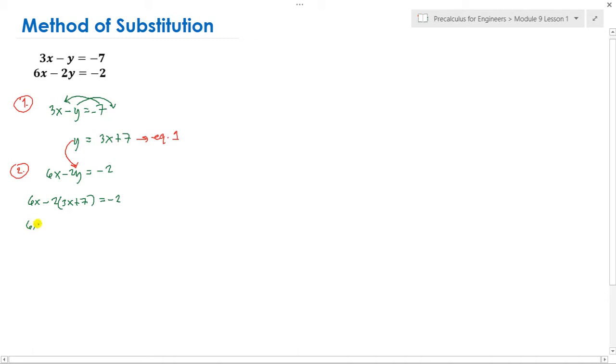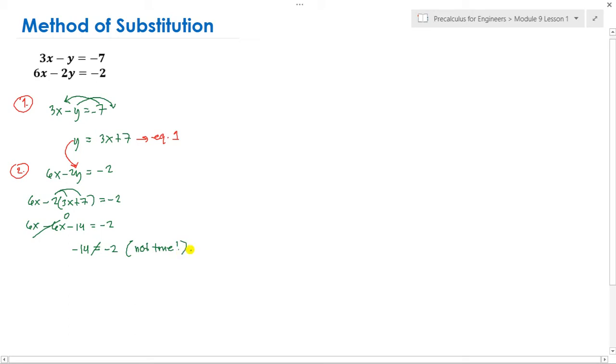Distribute negative 2: 6x minus 6x, then minus 14 is equal to negative 2. Here, 6x minus 6x is 0, right? So what's left is negative 14 equal to negative 2. Does this state a true statement? Of course not, because in reality they are not equal. So therefore, this is not true.